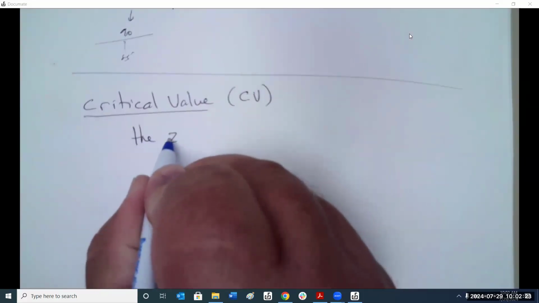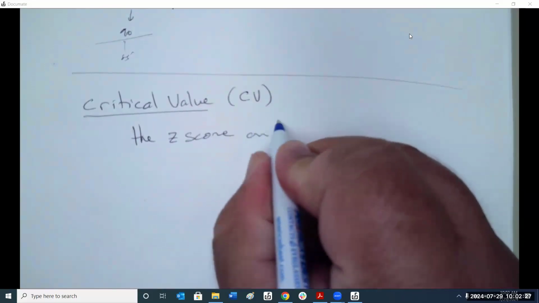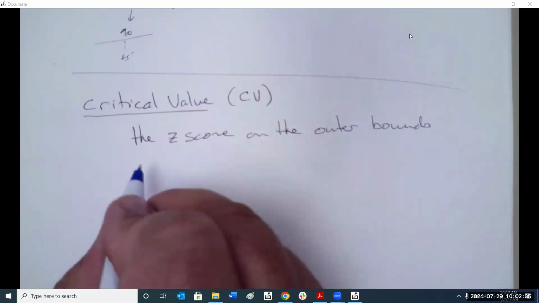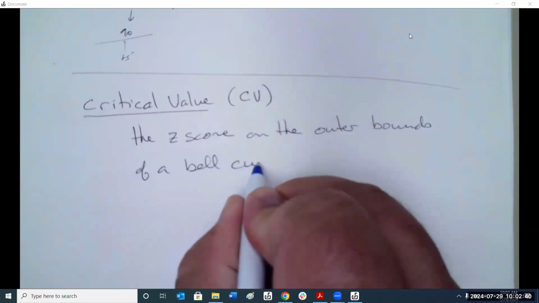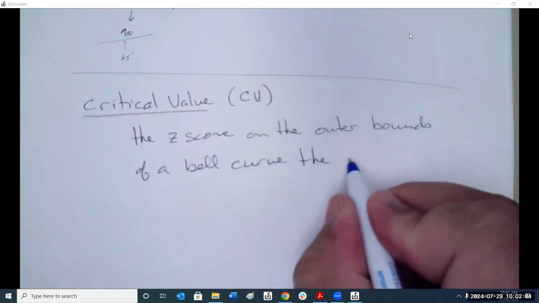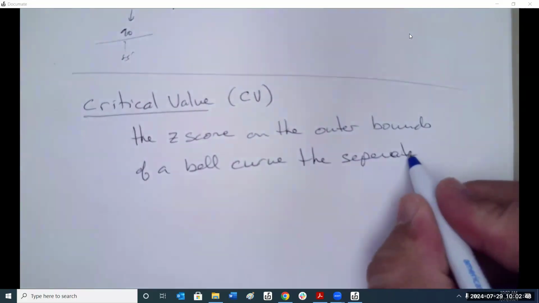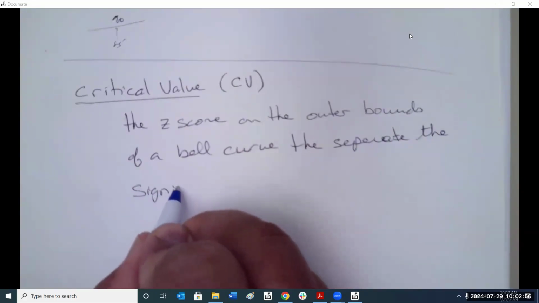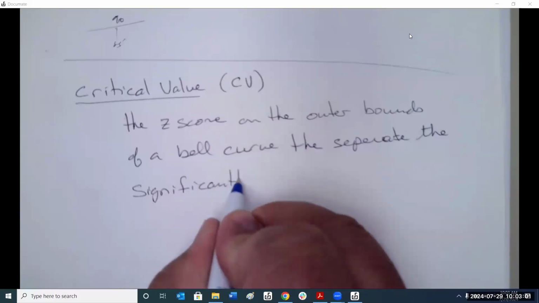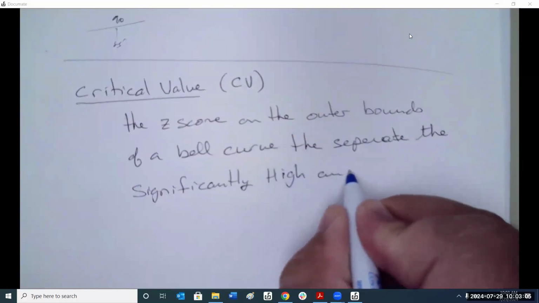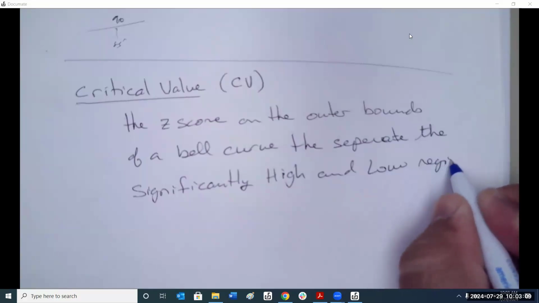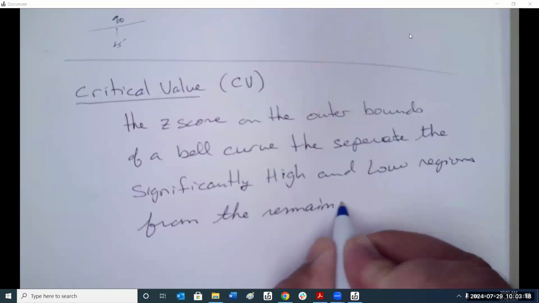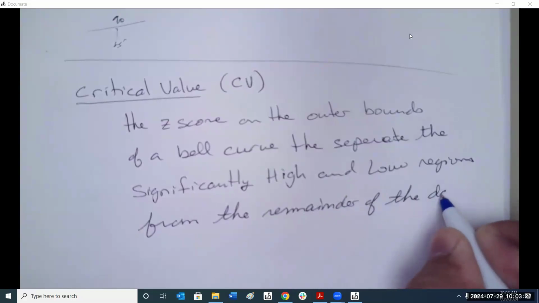It's the z-score on the outer bounds of a bell curve that separate the significantly high and low regions from the remainder of the data or values.